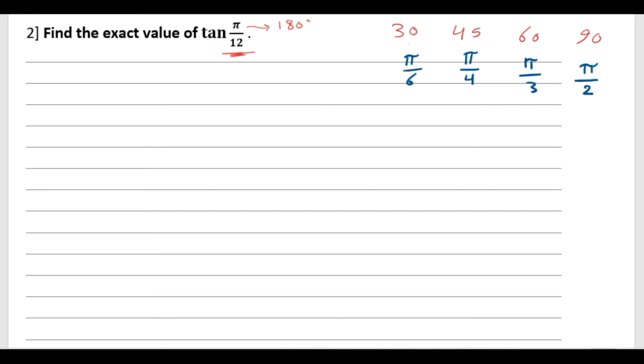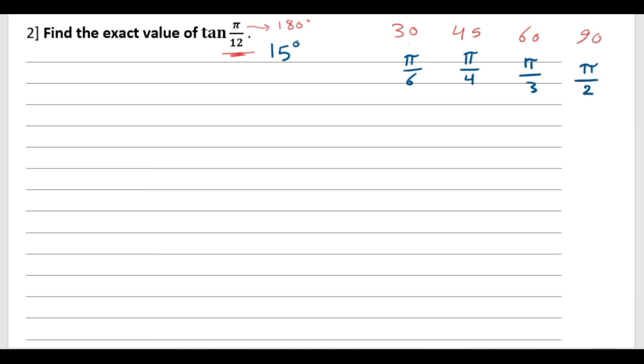Pi over 12 with a calculator equals 15. So we can search for 15 because it will be simpler. 15 will be the sum or difference between which two numbers? It will be 45 minus 30.